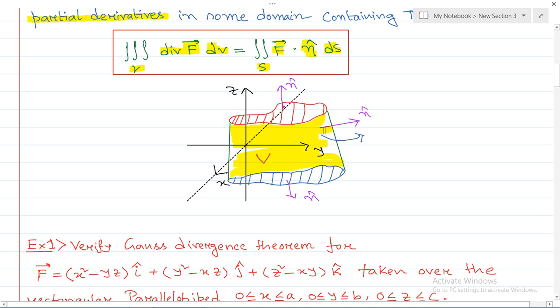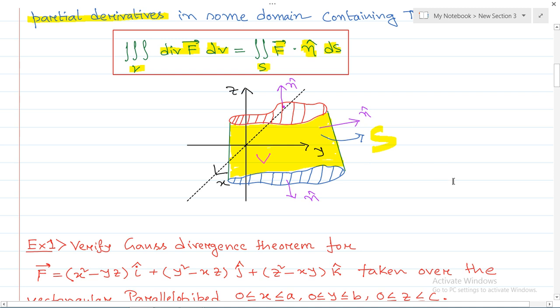So this volume is enclosed by the surface S, and eta cap is the outward drawn unit normal from each and every surface. So the integral of divergence of f dV over this volume is equal to the integral of f dot n cap or eta cap ds.